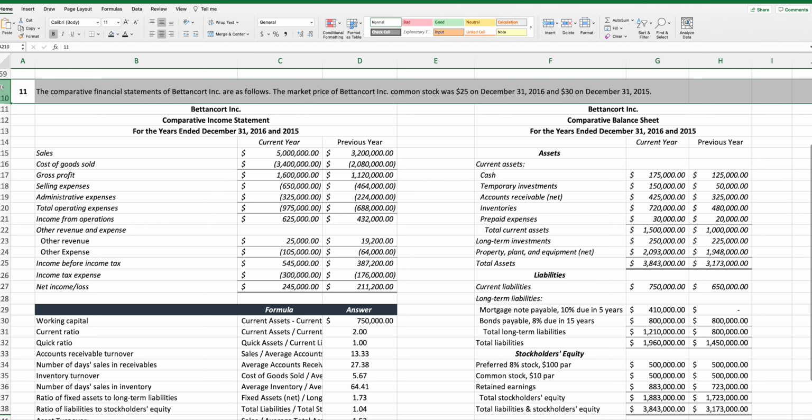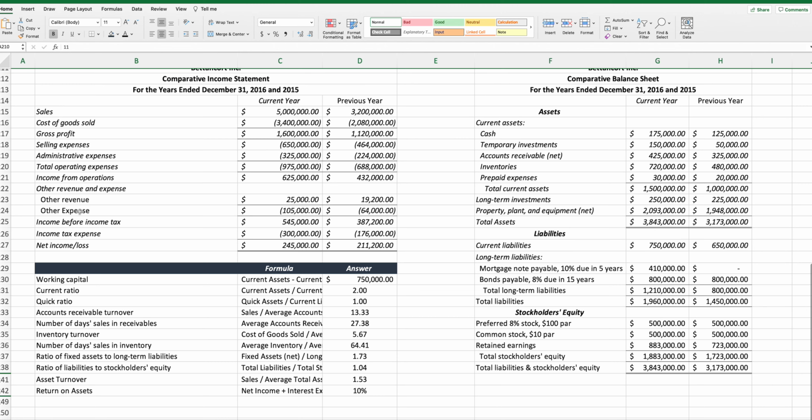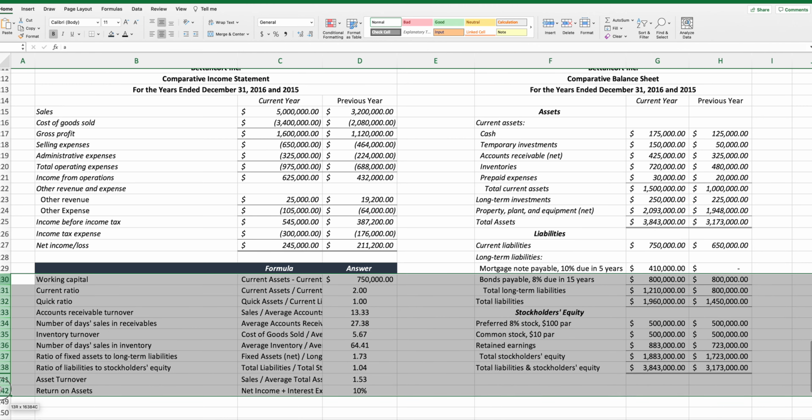So what we're going to do is calculate the following analyses. You can see that I've already laid them out. I'm going to open this up so you can see the entire formula.